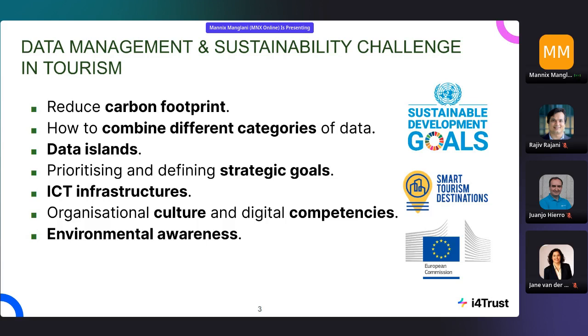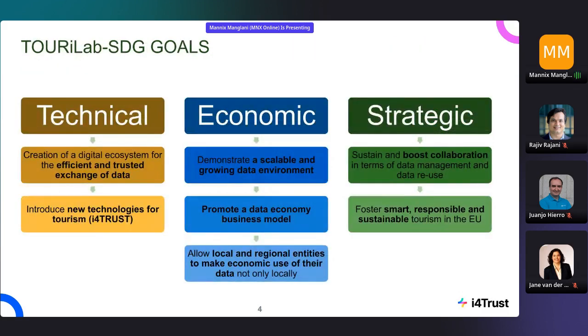We want to change that aspect into something more collaborative, so other opportunities can arise from this. Mainly what we are going to do is to share data between different tourism entities, so they can create new business models oriented towards data sharing. These are different aspects that are going to be enhanced thanks to our experiment.